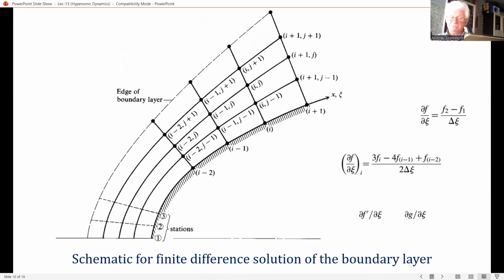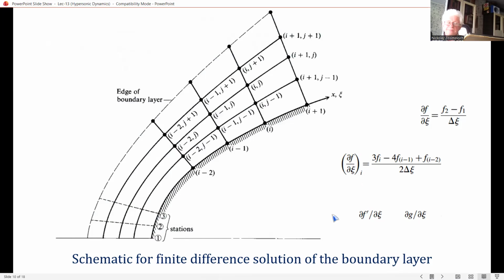In the differential method, the zeta derivatives in the equations are replaced by finite difference quantities. For second order accuracy, Smith used the following three-point one-sided difference, as you can see here in the middle, at a given j. Identical expressions are used for dg over d zeta and the second derivatives, as you can see here on the bottom of this slide.